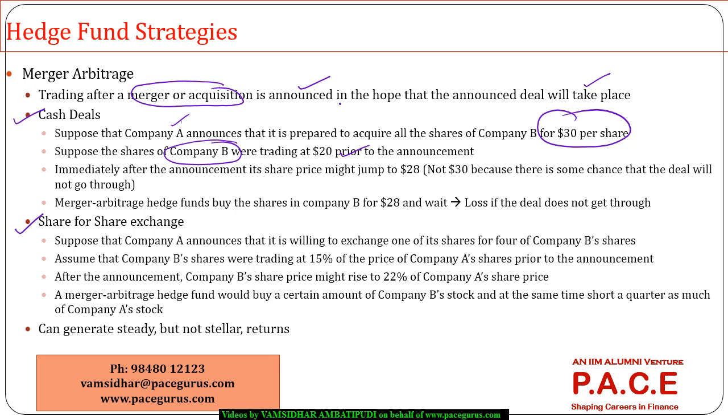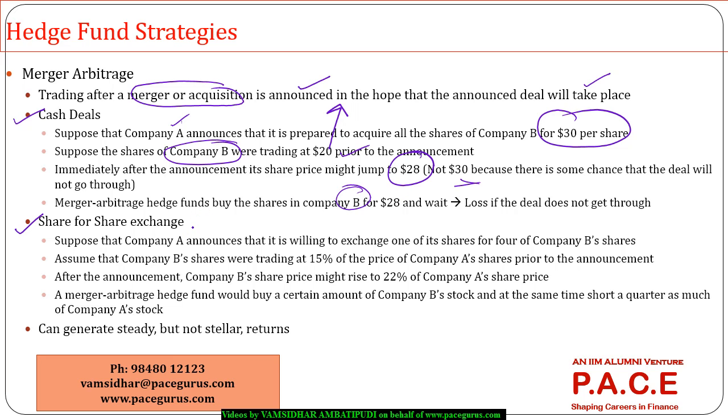Immediately after the announcement, the share price of company B is going to shoot up. It might go up to $28. It may not touch $30 because sometimes there is a possibility that the deal may not get through. Now a merger arbitrage hedge fund will buy the shares of company B at $28 and just wait. If the deal gets through, that's a huge profit for the hedge fund, but if the deal does not get through, that is where it is going to lose heavily.